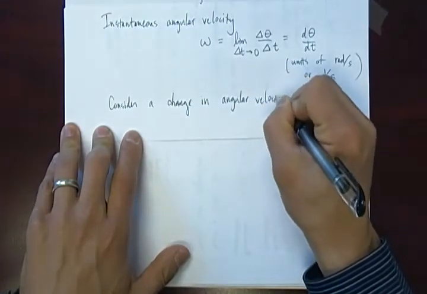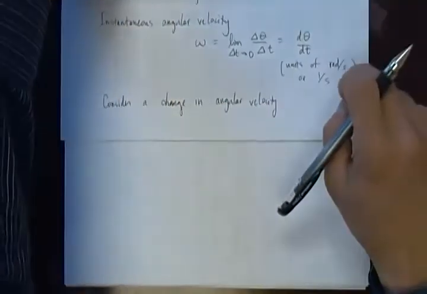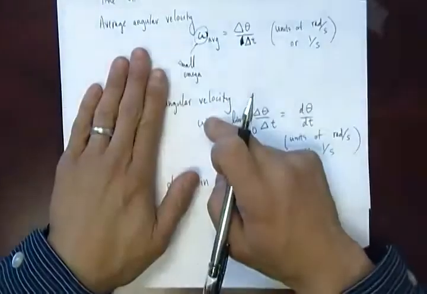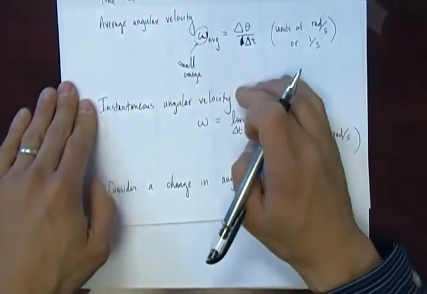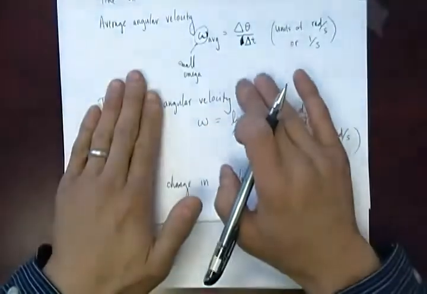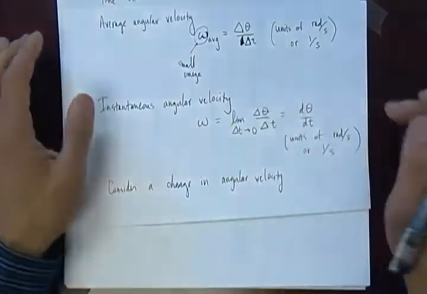By the way, when we don't say average or instantaneous, and we just say angular velocity, we have in mind instantaneous velocity. That will be the default. Just like when we just say velocity, we mean instantaneous velocity. When we just say angular velocity, we mean instantaneous angular velocity.